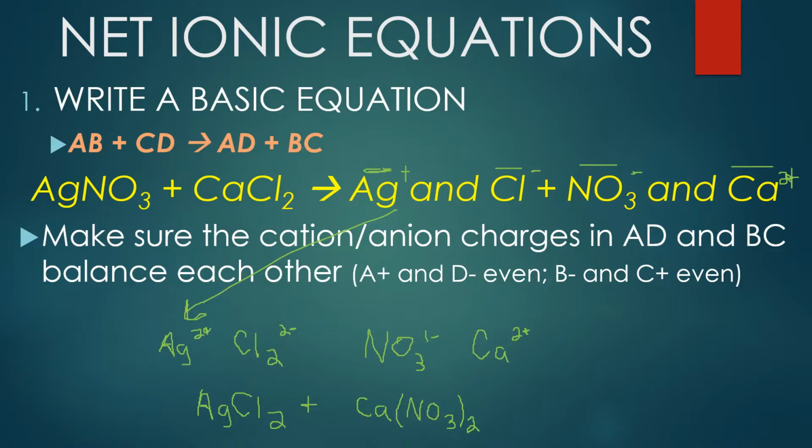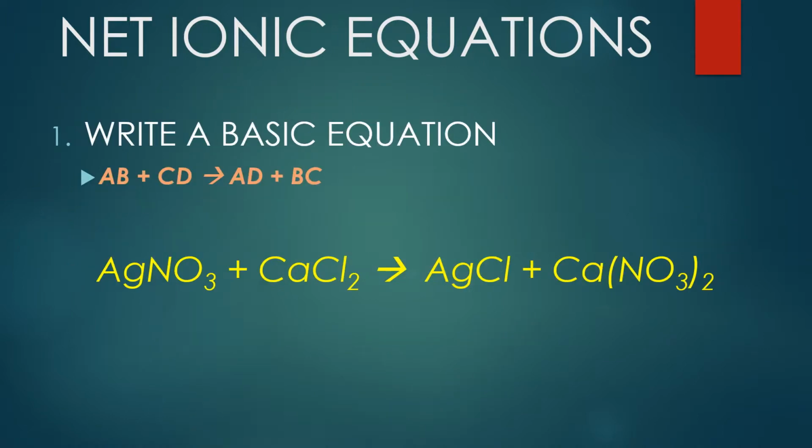So this is the actual ending of that basic equation with the charges balanced out. See how we have it written nicely now: AgNO3 plus CaCl2 yields AgCl plus calcium nitrate, Ca(NO3)2. So there are 2 nitrates to go with the calcium.